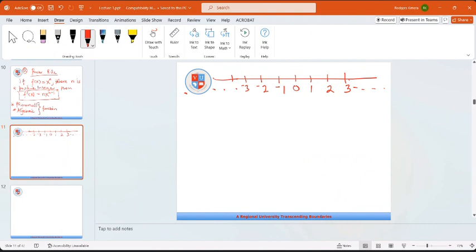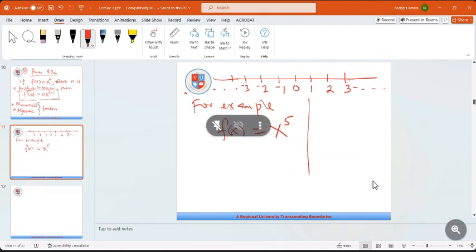Those are positive integers. An integer is a whole number, but now we are only interested in the positives. For example, if f of x equals x power 5, you see that n equals 5.